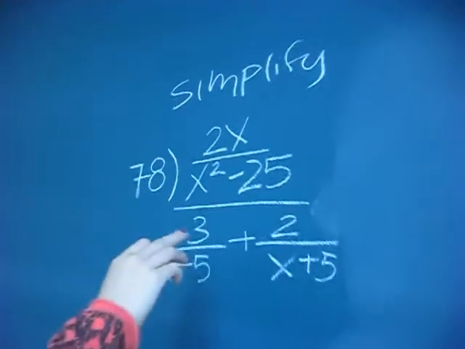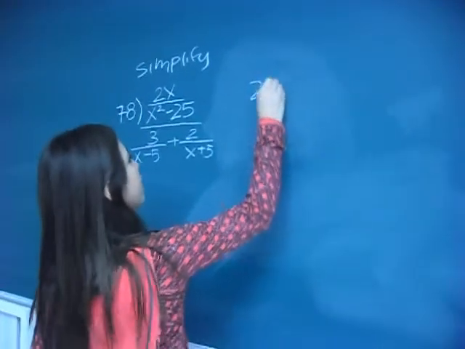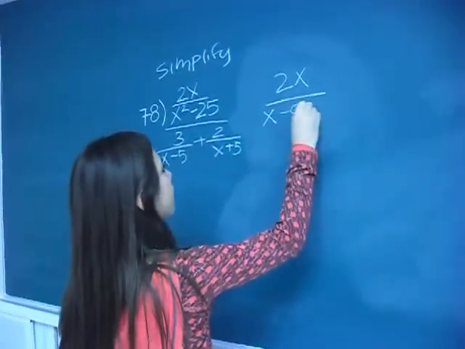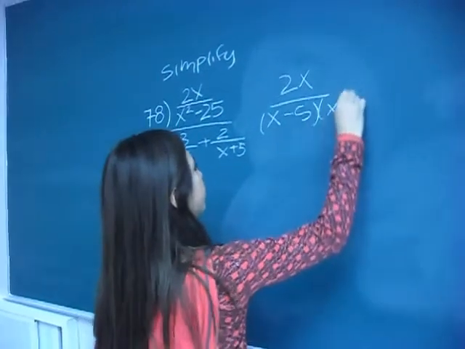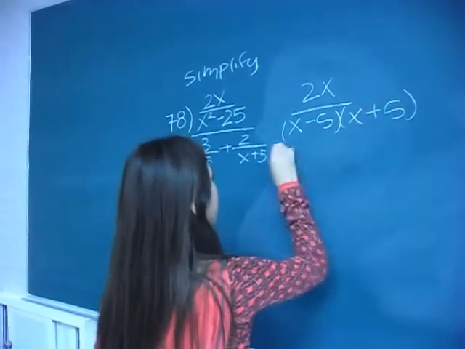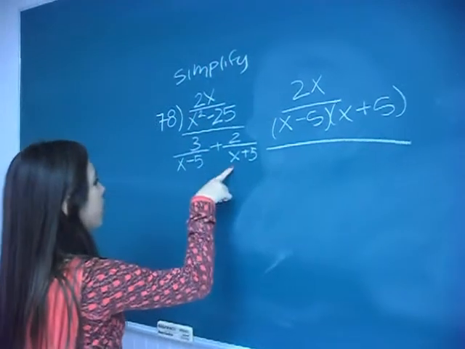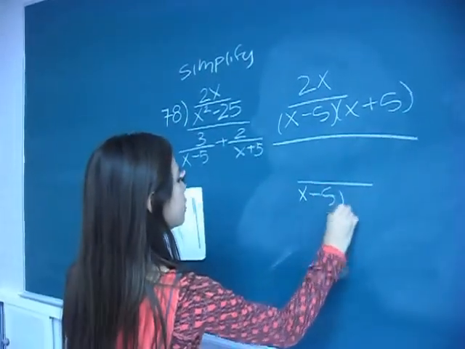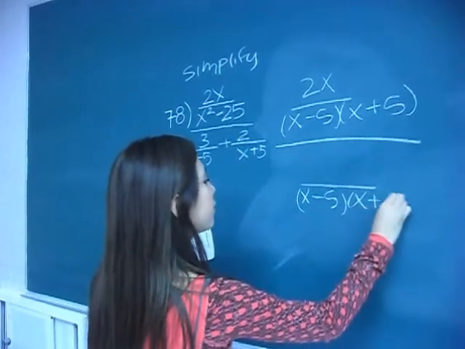You need to simplify this. So you put 2x and you factorize this difference of squares, which is x minus 5 times x plus 5. And then this one, you need to add them, so the common factor of these two is x minus 5 times x plus 5.